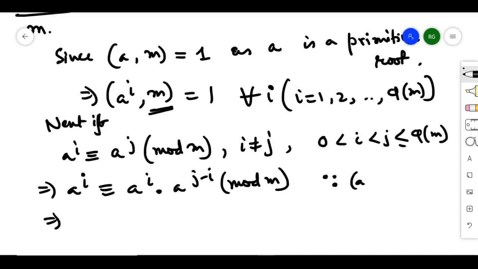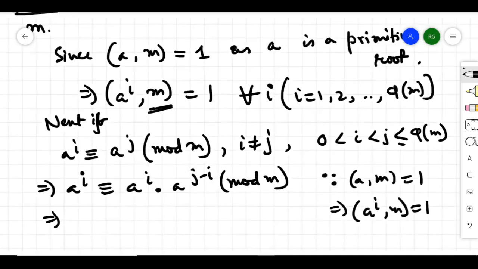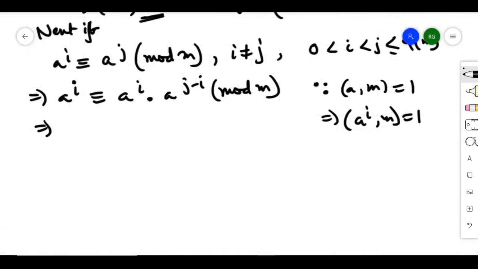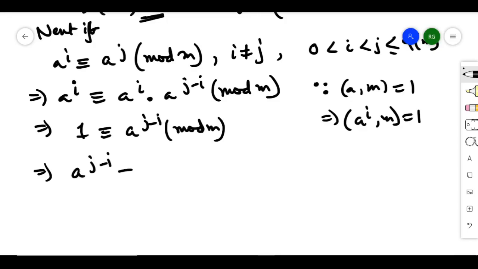Since A and M are relatively prime, that will immediately imply A power i is relatively prime to M. And so by the restricted cancellation law, we get 1 congruent to A power j minus i mod M, and that actually gives A power j minus i congruent to 1 mod M, and here j minus i is less than phi M.